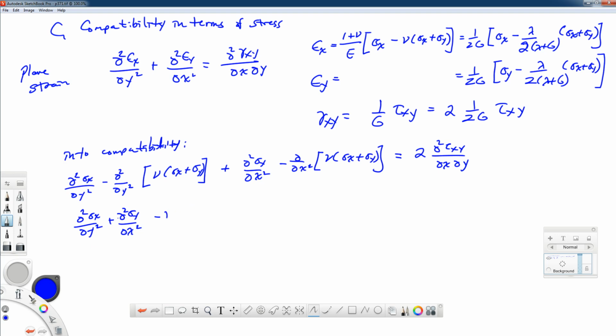I can factor the minus nu out from both of those terms, and this is a del squared of sigma x plus sigma y in 2 dimensions. Then, bringing this term over to the left-hand side, I have it minus 2 times the second partial of tau xy with respect to x and with respect to y, equal to 0.